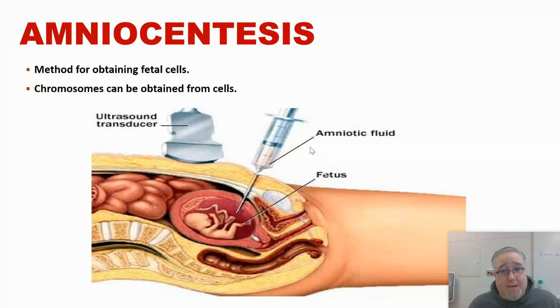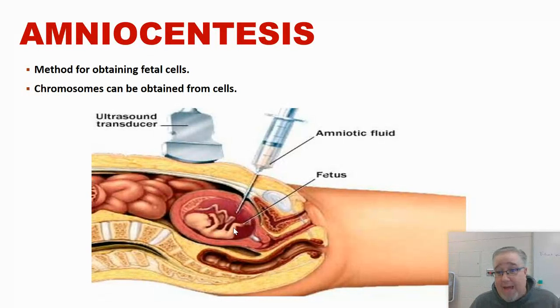But this is called amniocentesis, and it's a method for obtaining fetal cells, or cells from the baby. Without getting into too much detail, here's the fetus, here's the baby, and this is the placenta where the baby is sitting inside, and inside of that placenta is a bunch of fluid.